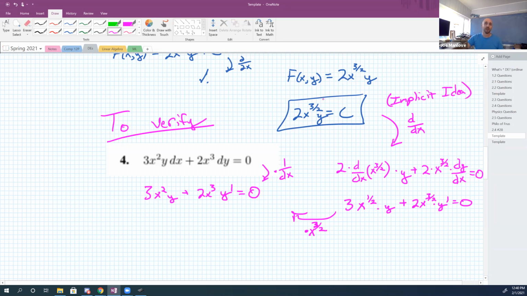Another alternative would be if I could solve that, I could get y is c over 2x to the 3 halves, which I could maybe rewrite a little bit as some different constant k times x to the minus 3 halves. You guys with me on that?